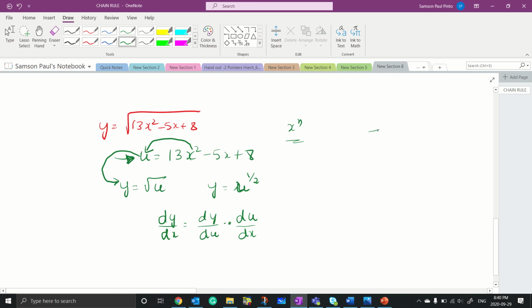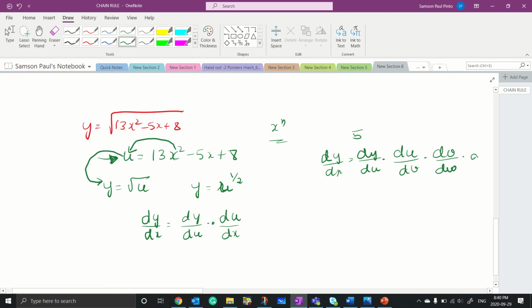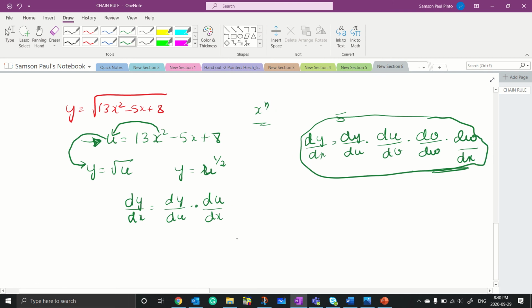Imagine you have 5 functions like this. You might have to do dy by dx is equal to dy by du into du by dv into dv by dw into dw by dx. I am definitely going to solve one problem which will involve more than two functions. That is coming up in the next video, but for now let us stick to the simple problems.